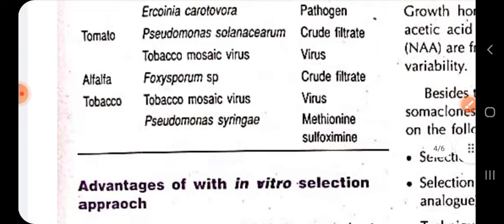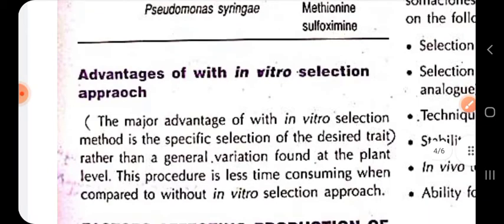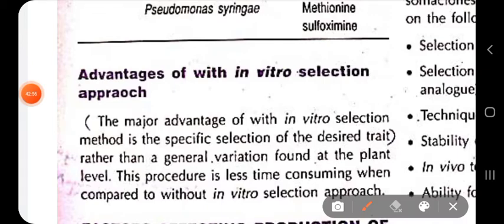Now, what are the advantages of in vitro selection? The advantage is that we are using a selection method. We are directly selecting; it is a specific selection we are applying for our desirable trait. In without in vitro selection, the trait that we obtain is fully by chance.